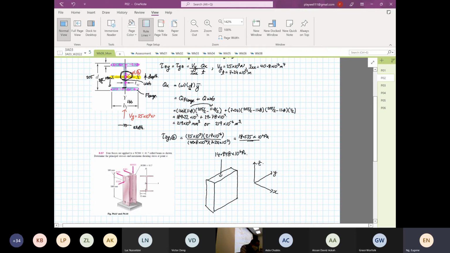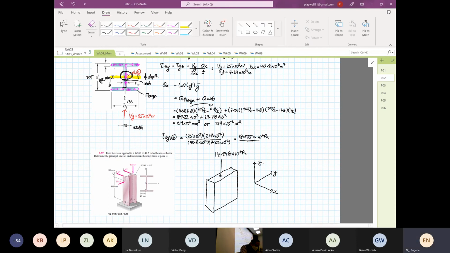Can you see this arrow? I will make it clearer. That arrow is going in this direction, yes or no? So you follow the direction. So this will be equal to 18.535 times 10 to the power 6 Pascal. I do apologize. I should move this lower.